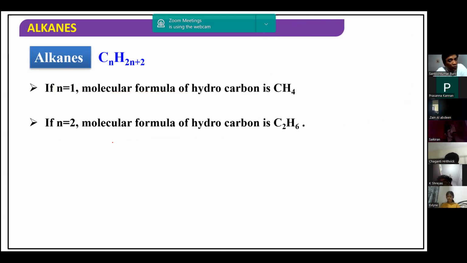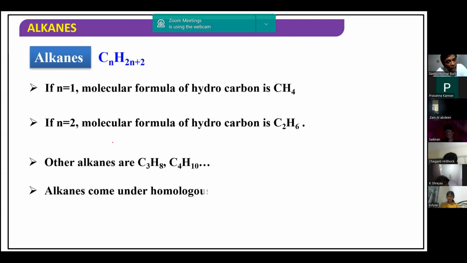For n equal to 2, you get C2H6, the second member of the alkanes family, and alkanes form a homologous series. You must have come across this term, homologous series. A homologous series is a series of organic compounds in which successive members differ by a CH2 group, or an atomic mass of 14 u.